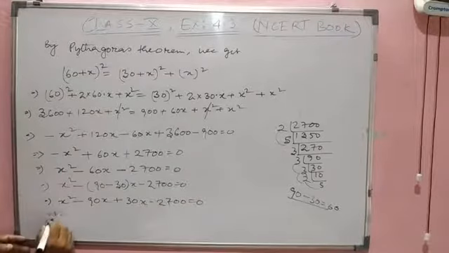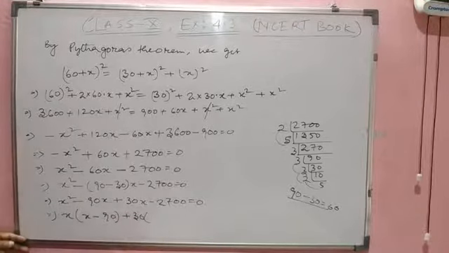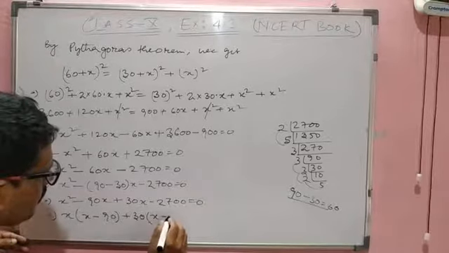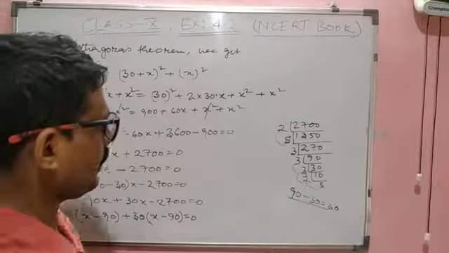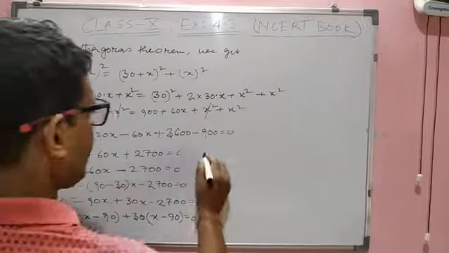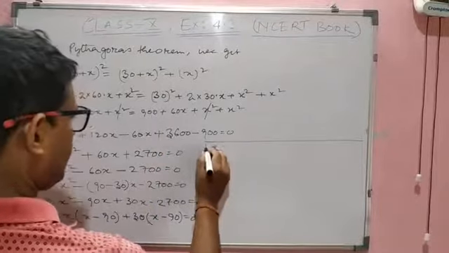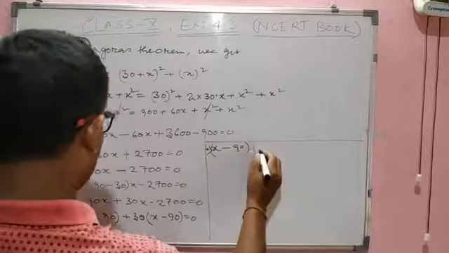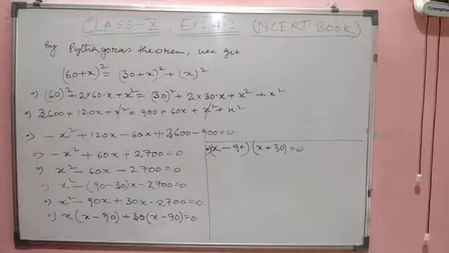Now here we can take x common, and here we can take 30 common. So x minus 90 whole into x plus 30 equals 0.